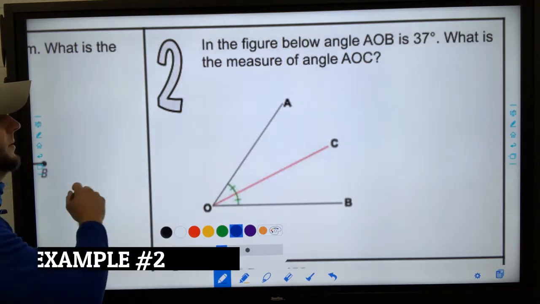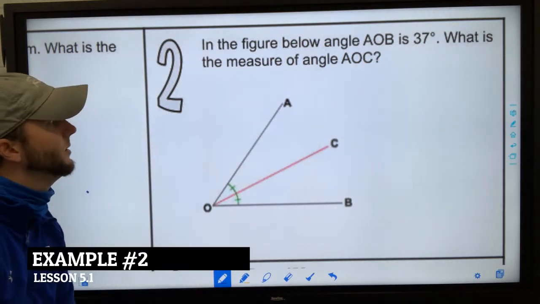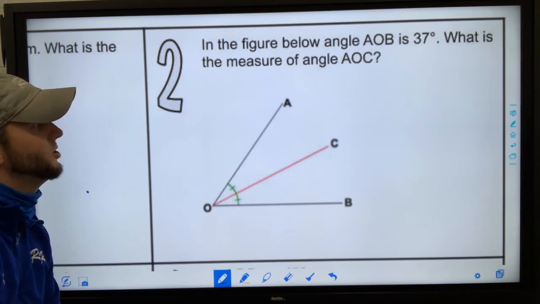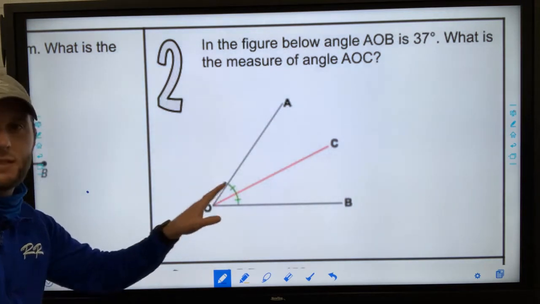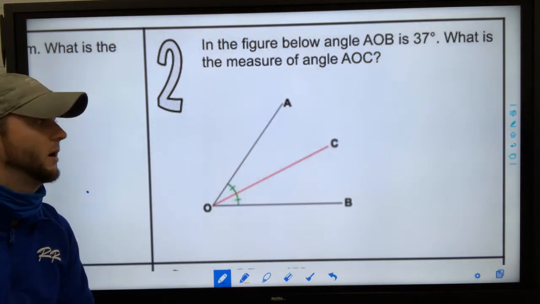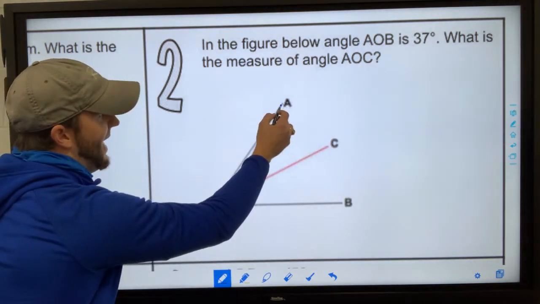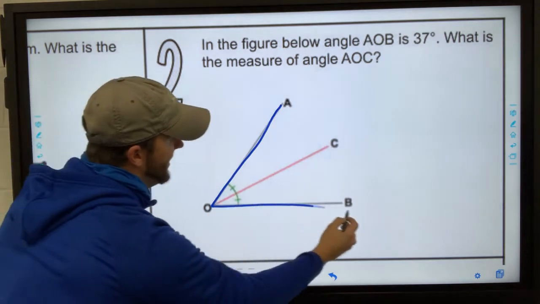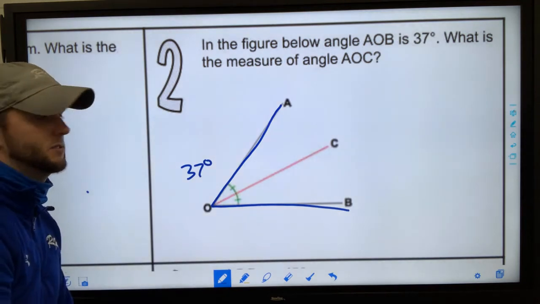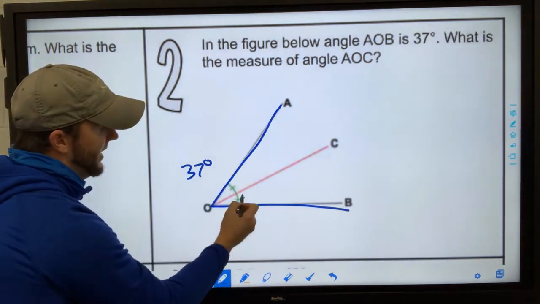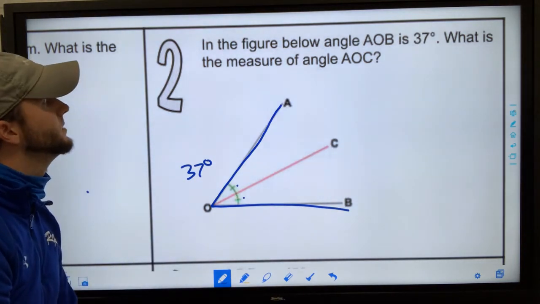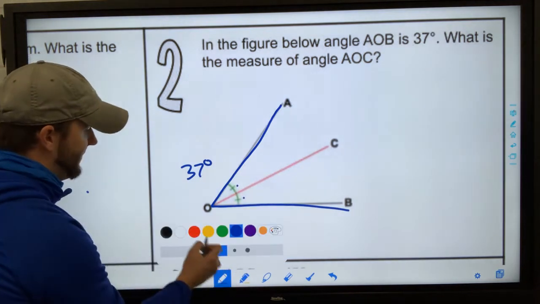Now look at example number 2. It says in the figure below, angle AOB is 37 degrees. What is the measure of AOC? In this example, line OC is bisecting it, cutting it into two equal parts. So this whole angle AOB is 37 degrees. This line is cutting it in half, so this angle and this angle are equal to each other, each half of 37.